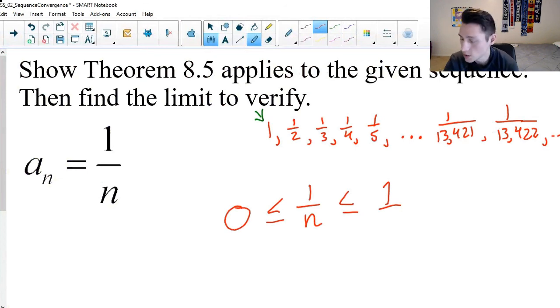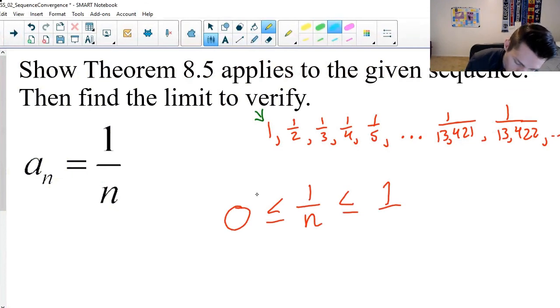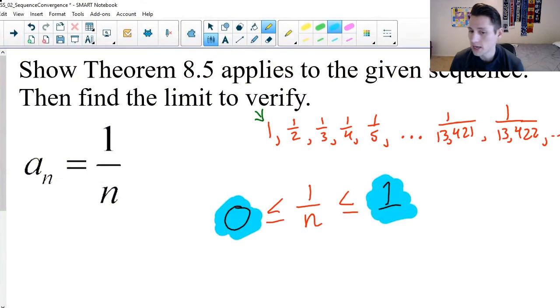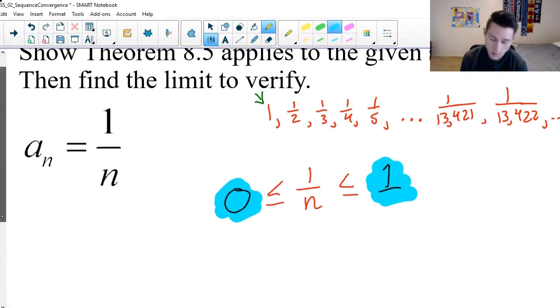These will be really, really small numbers, but they're still a number nonetheless. So I can state that 1 over n is bounded by 0 and 1. Actually, 1 over n will never hit 0, so it's bounded between 0 and 1.